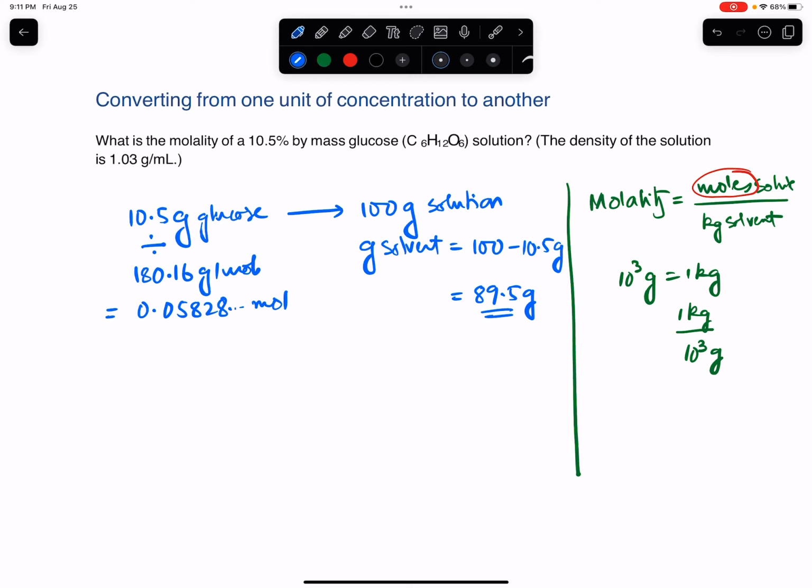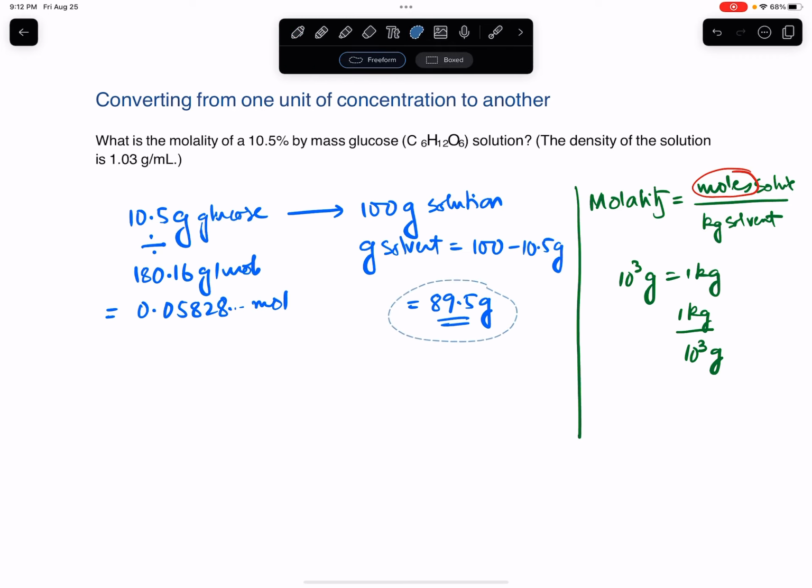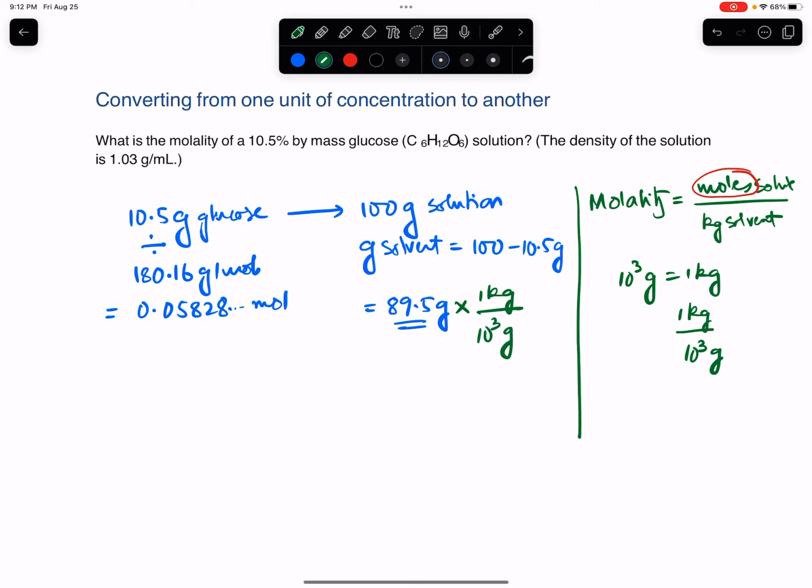We're just going to convert the grams to kilograms, because we need to figure out kilograms of solvent. So we multiply by 1 kilogram over 10 to the power 3 grams, and that gives us 0.0895 kilograms.